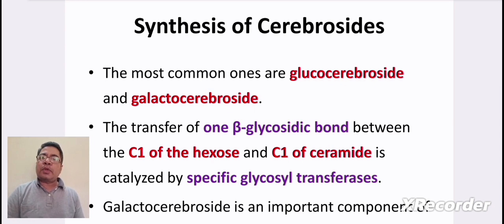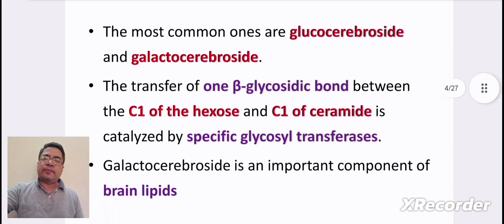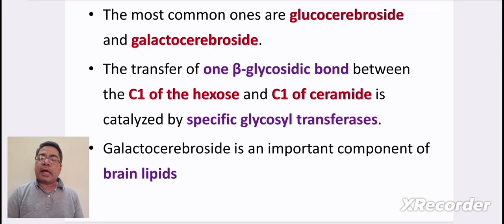The most common ones are glucocerebroside and galactocerebroside. The transfer of a beta glycosidic bond between the C1 of hexose and C1 of ceramide is catalyzed by specific glycosyltransferases. Galactocerebroside is an important component of brain lipids.